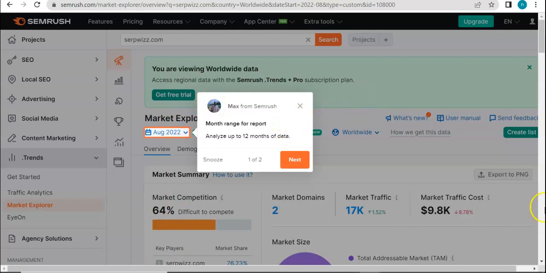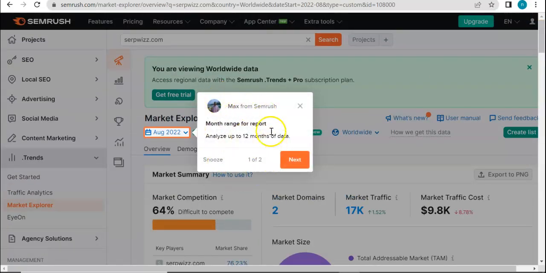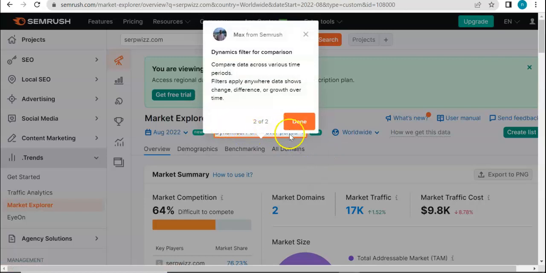Alrighty, so here is a look of what the results are. There's just some pop-up boxes here telling you more about the different features as well as filters. So here you get the dynamic filter for comparison, and we're gonna take a look at that later on.